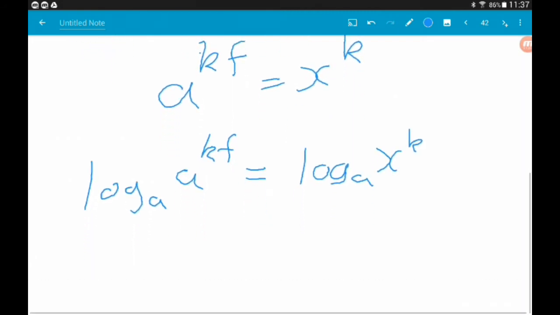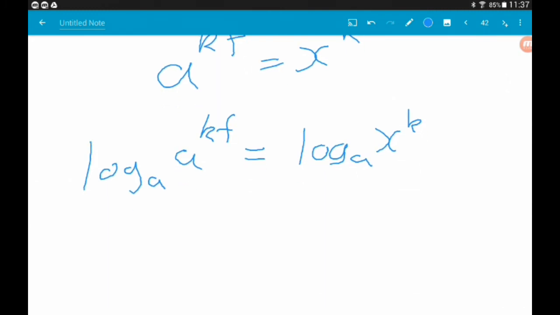Now, on the left hand side, again that is asking what power of a is a to the power of k times f. So the left hand side is just k times f. So kf is equal to log base a of x to the power k.